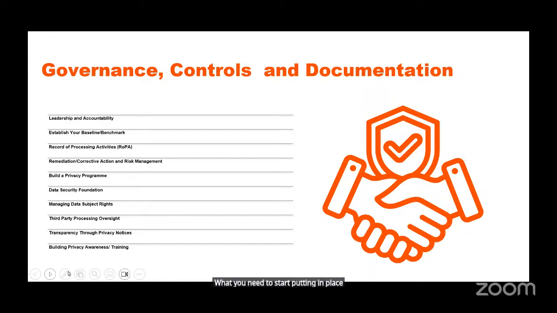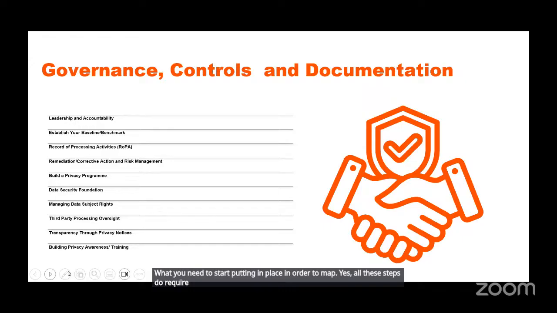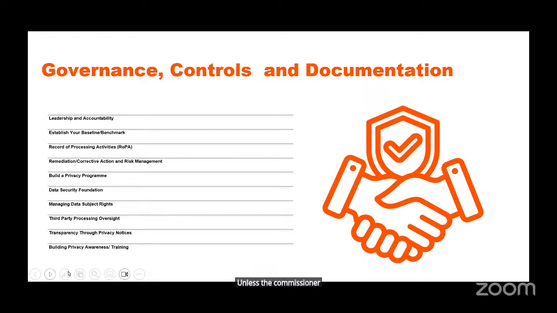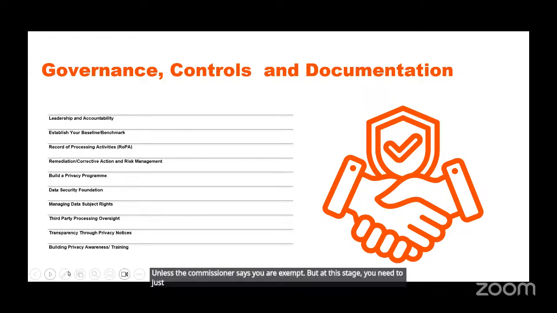There's more to it, but this is a starting point, because this applies to sole traders, startups, and businesses, unless the commissioner says you are exempt. But at this stage, you should take the default that it applies to you, even if you're a sole trader, if you are collecting personal data.